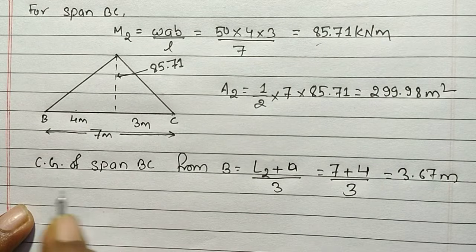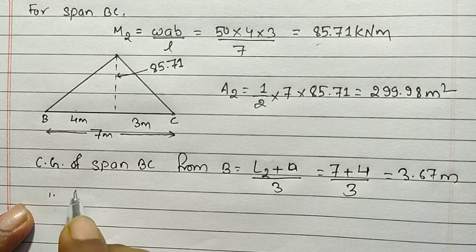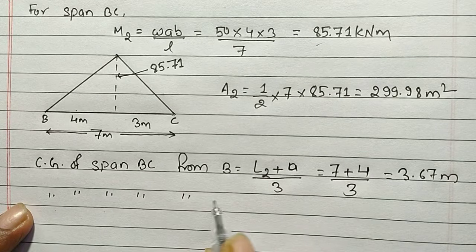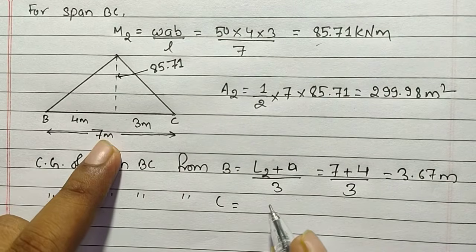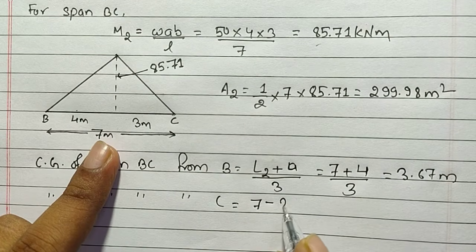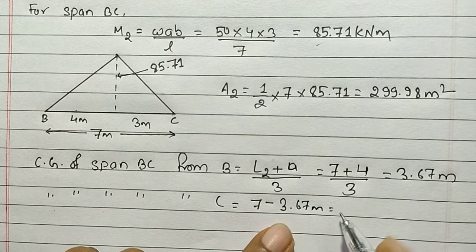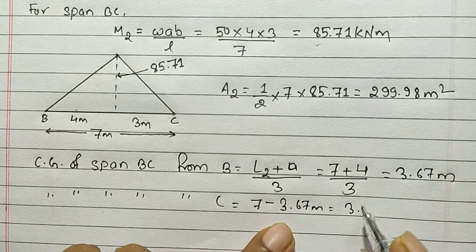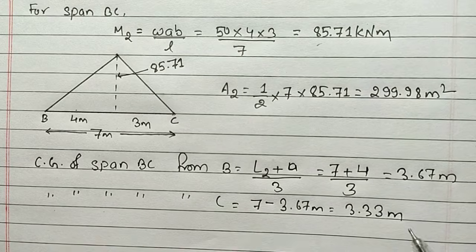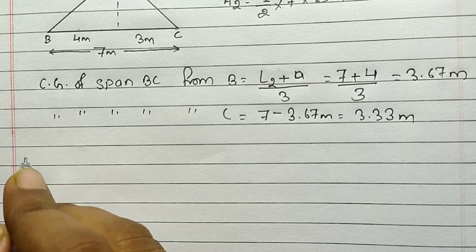Now time to take CG of span BC from C. So we have to subtract this value from 7 meter. So 7 minus 3.67 meter. On doing so, we will have 3.33 meter.